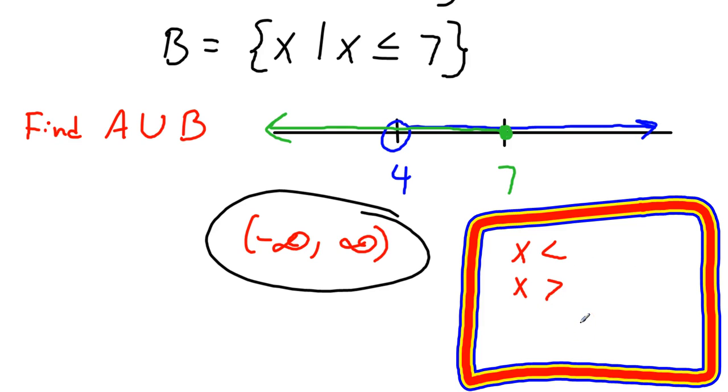So if you have x less than or just x greater than, that part's going to be an open circle. And if you do x greater than or equal to or x less than or equal to, that's when you're going to use a solid circle.